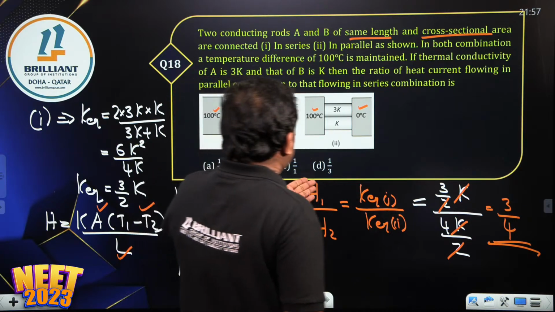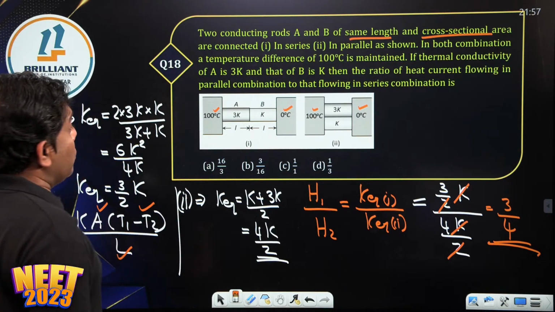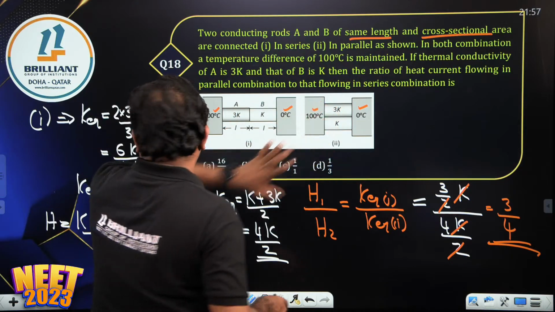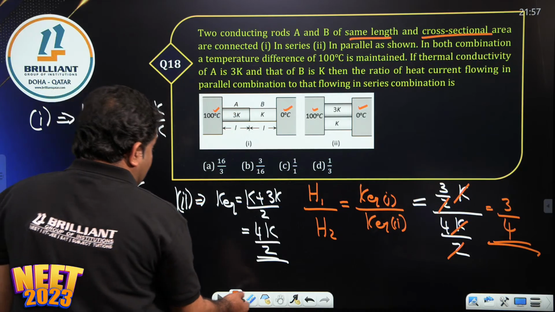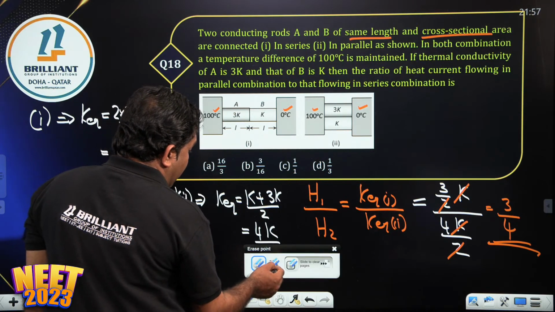Heat is directly proportional to thermal conductivity in this picture. Or we can say here the length will be added. So how can we find the heat flowing correctly? If you have doubts in this, I will correct that.